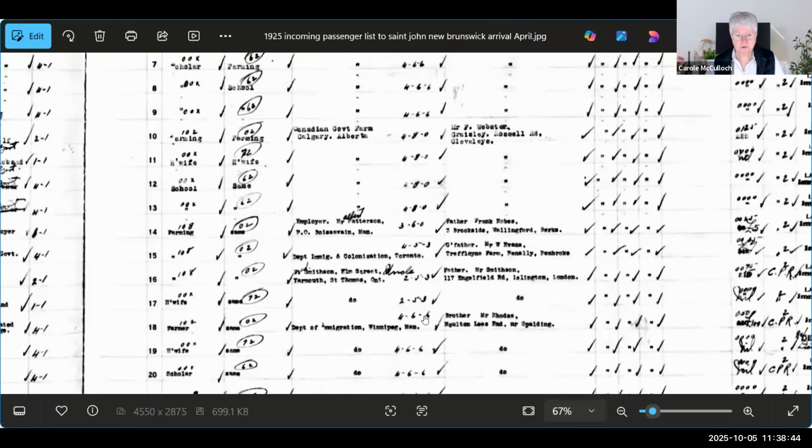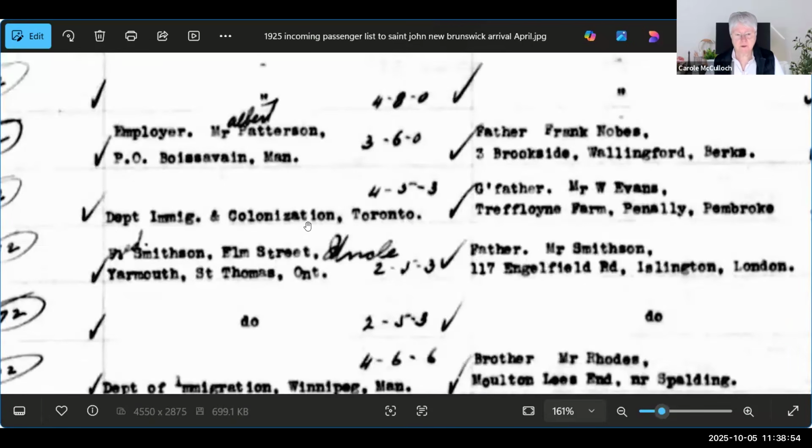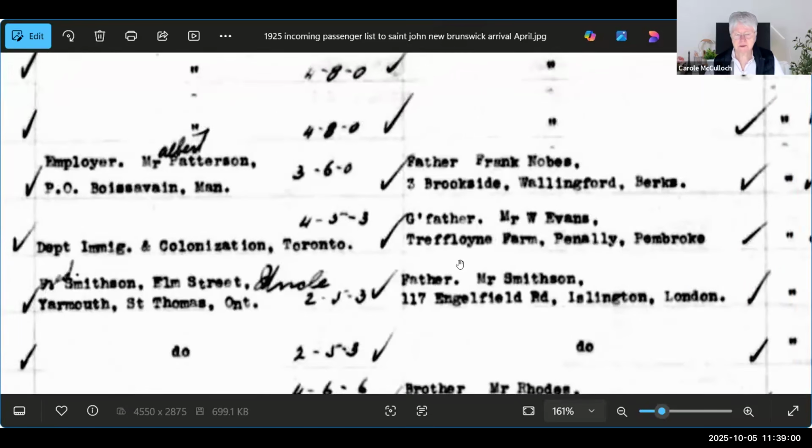And here's a pertinent piece of information right there in that column, next to Department of Immigration and Colonisation for Toronto, which is where he's heading. It lists his nearest relative, who is his grandfather, Mr. W. Evans.